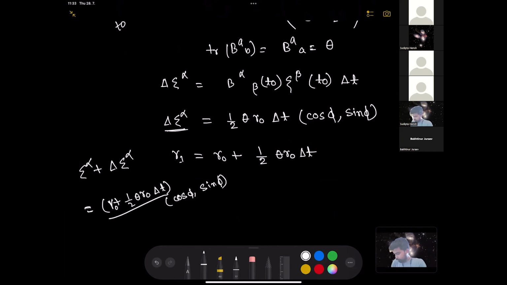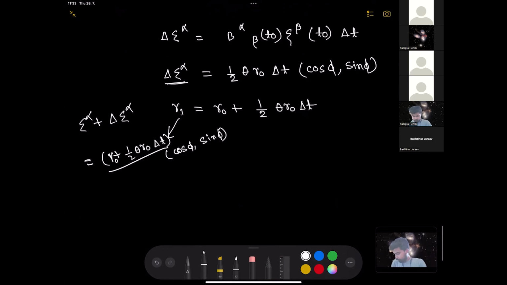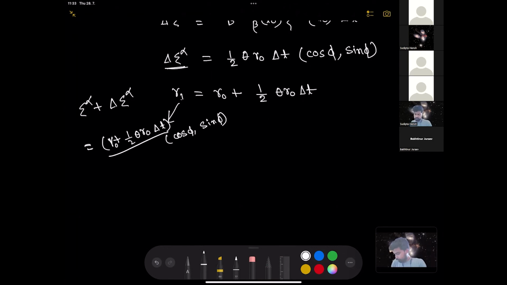So this tells us that we have a new radius R1, which can be written as this.